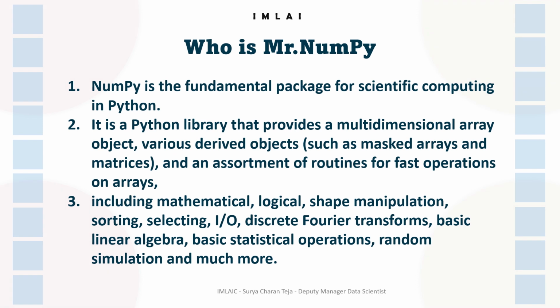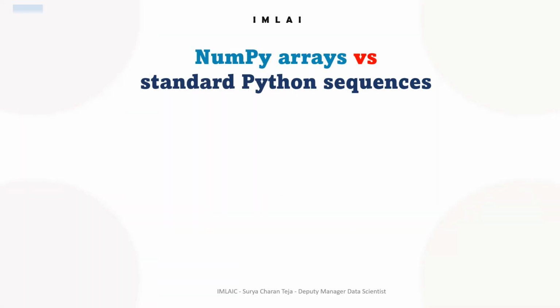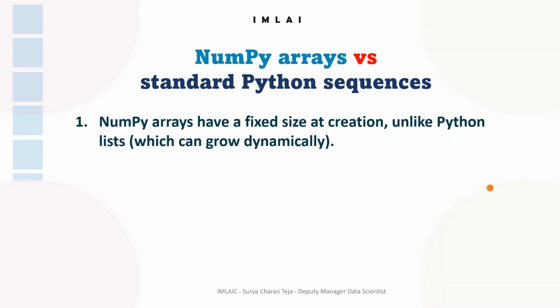There are several important differences between NumPy arrays and standard Python sequences. So what are those that we are going to see now? The fundamental differences between NumPy arrays and standard Python sequences. The first one, NumPy arrays have a fixed size at creation, unlike Python lists.